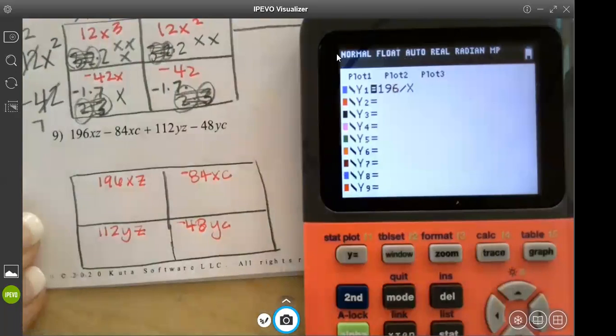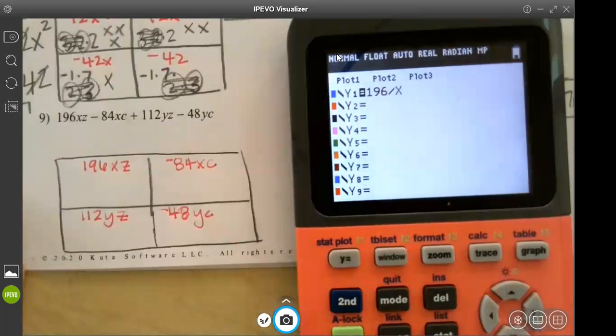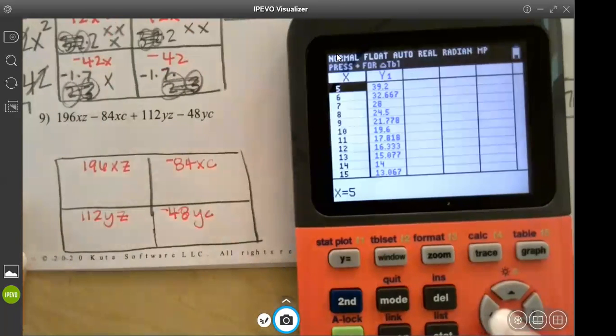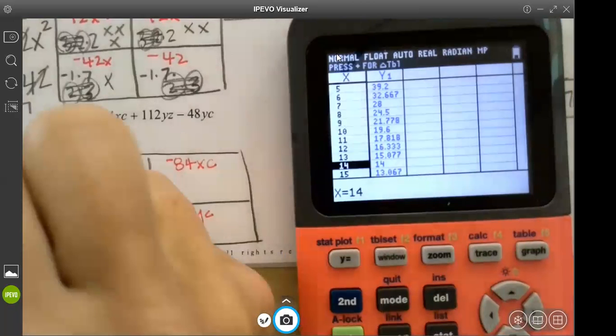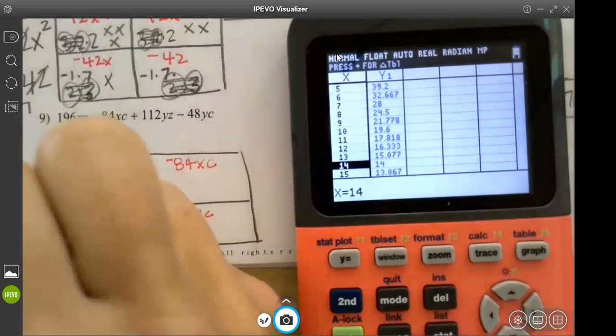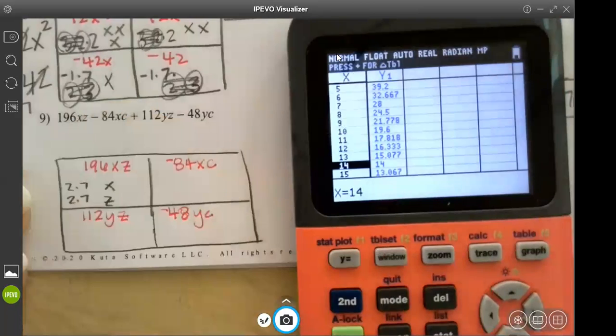I don't know my factors of 196, so I'm going to check my calculator, try to find some that I know. Oh, this is a good one. 14 and 14 is a good one because I know those two factors. So 14 is 2 and 7, and there's 2 of them, and then an X and a Z. I try to put the line through the Z so you know it's not a 2. Okay.